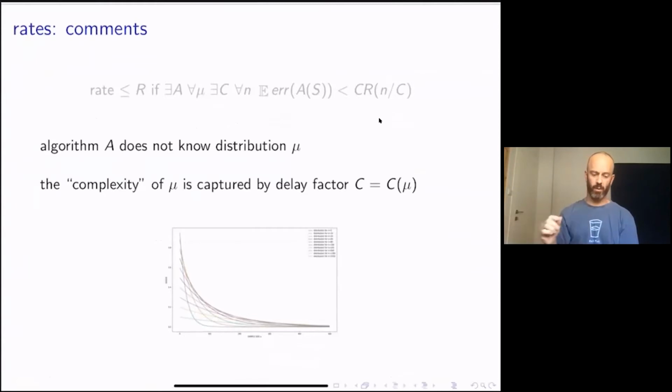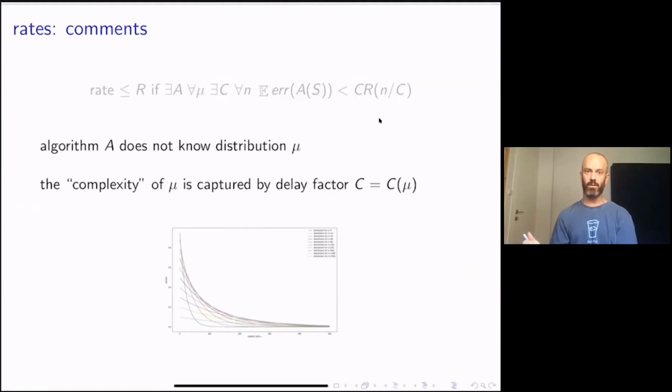I just want to make 2 specific comments. I wrote the definition here again. I want to emphasize that the algorithm does not know the distribution. It's still the same as in PAC in the sense that the algorithm operates obliviously.